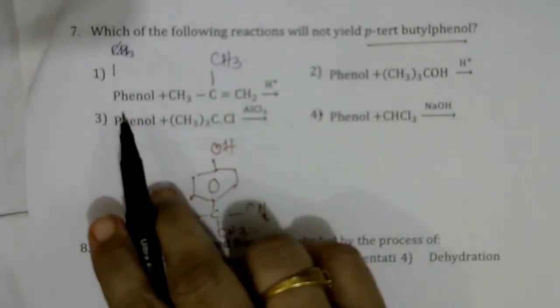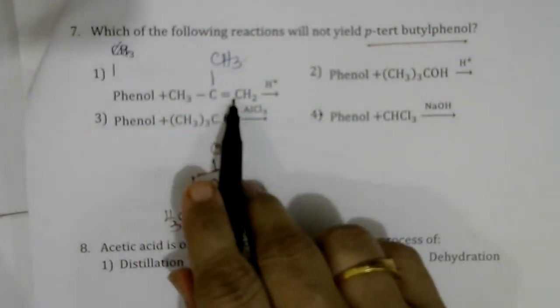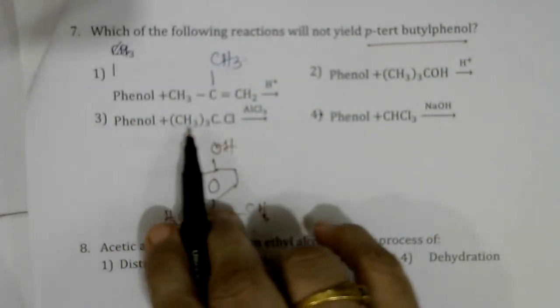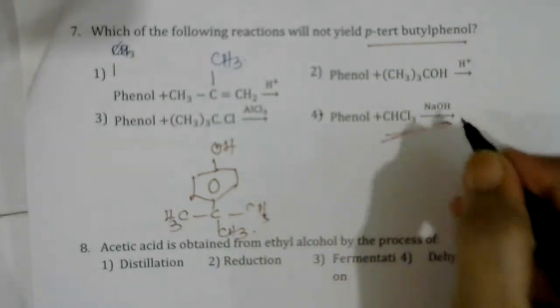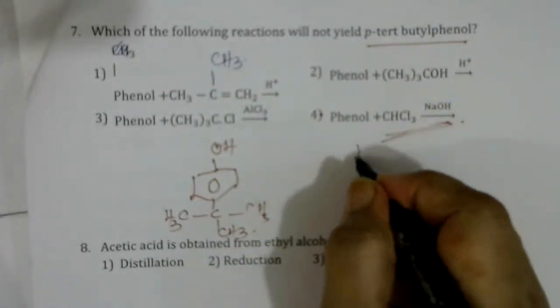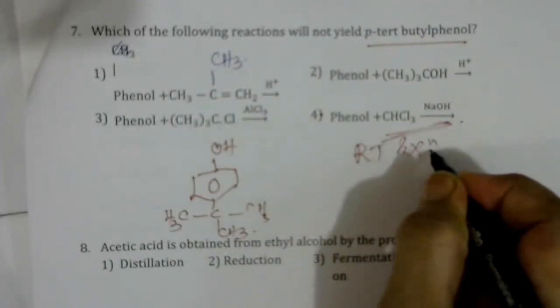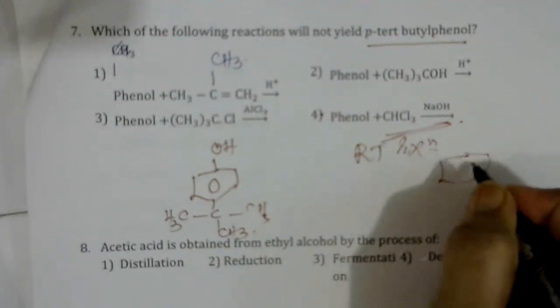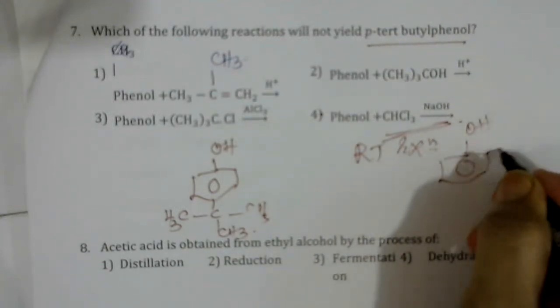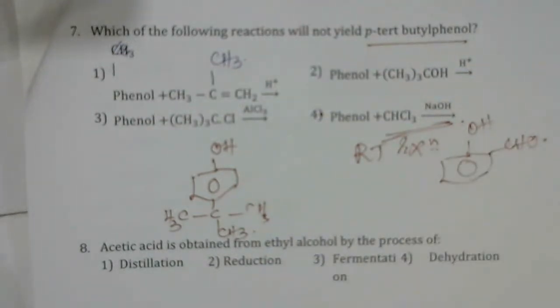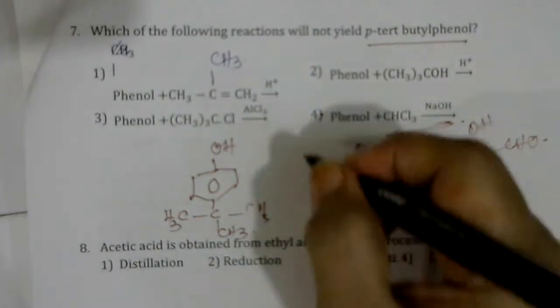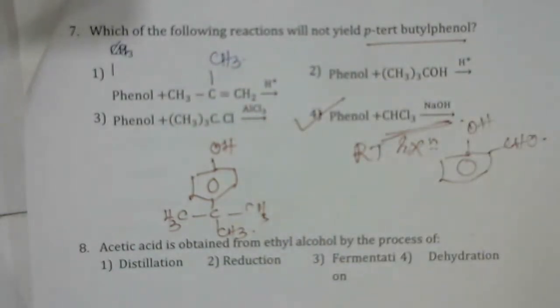Remember one thing, whenever we treat phenol with this one, we'll get the same product, this also. But this is the Reimer-Tiemann reaction, where we are going to get the product salicylaldehyde, with OH and CHO. Therefore we cannot prepare para-tertiary butyl phenol by the 4th option.